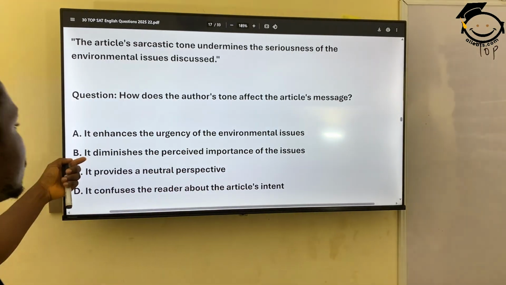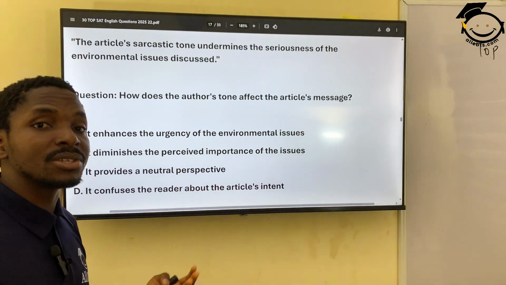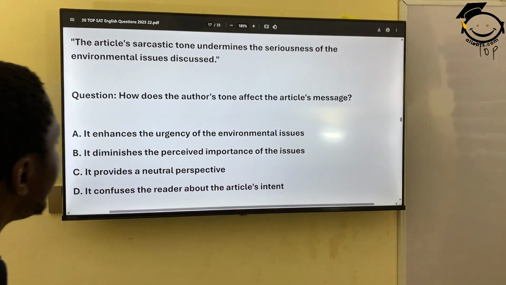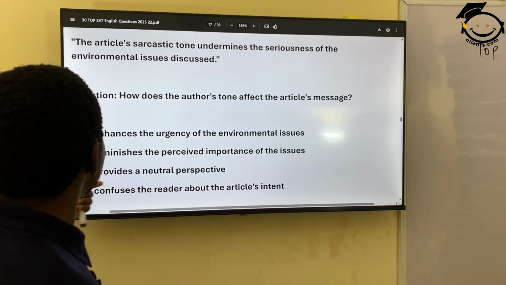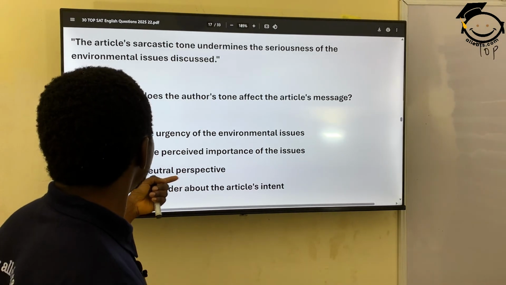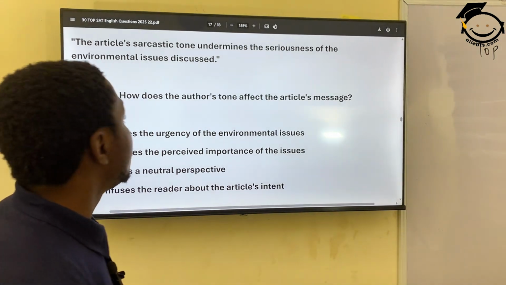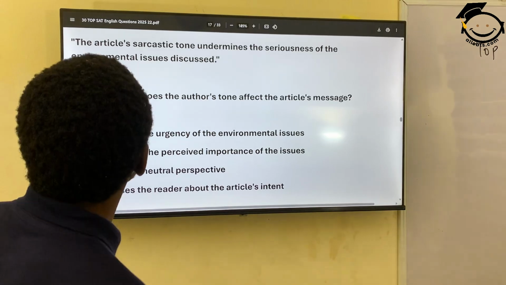Okay, so this is it. Diminishes. It was sarcastic. It was hard to tell that it was serious. So it diminishes the perceived importance of the issue. It confuses the reader about the article's intent. Provide a neutral perspective. It diminishes. It reduces the quality of the article or the author.